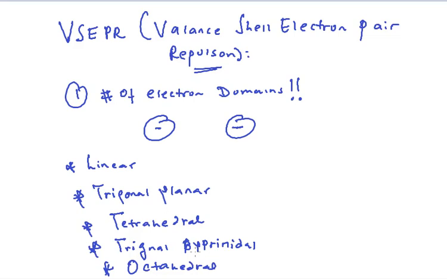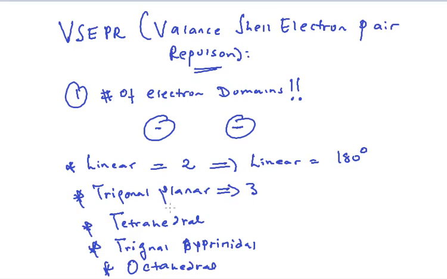Let's say you have 2 electron domains; the base structure for 2 electron domains is a linear structure, and the linear structure has a bond angle of about 180 degrees. A trigonal planar structure has 3 electron domains, meaning the central atom is shared with 3 bonds.